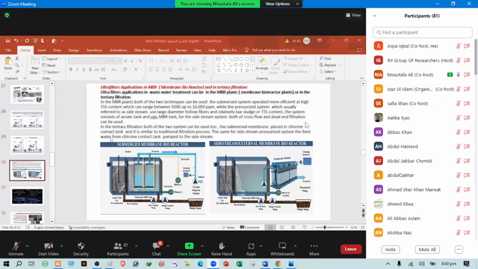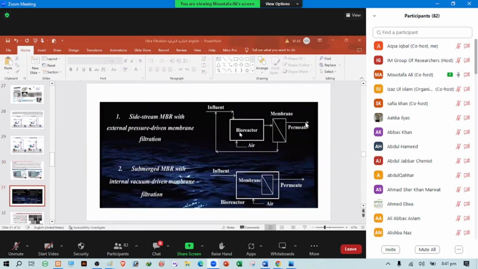We will see this figure showing the comparison between both of them. In the sidestream, we have the bioreactor, the MBR, and the sucking pump sucks through the membrane to have a permeate. In such a case, which system are we doing? It's cross flow, not dead end.